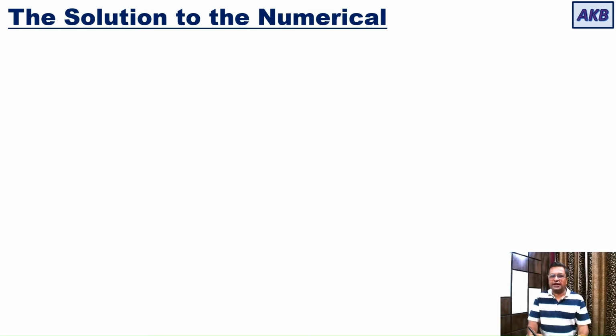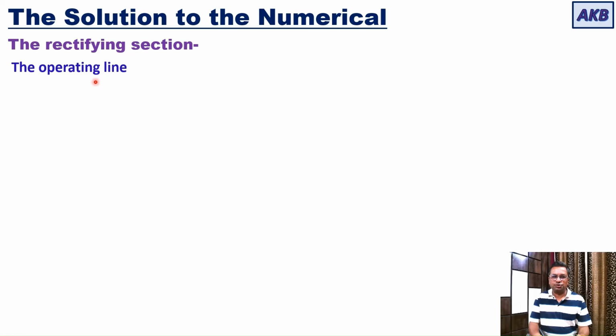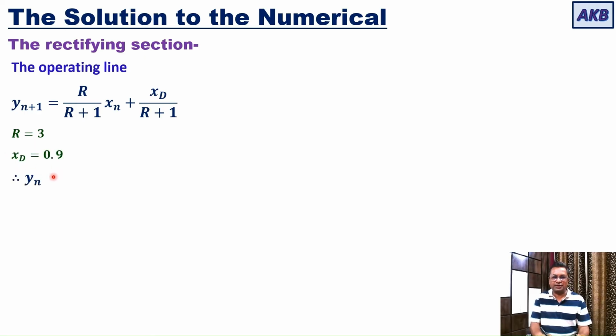Okay, so after getting D and W, now let us do the calculations for the rectifying section. For that, we are going to use the operating line. The equation for the operating line is y(n+1) is equal to R upon R plus 1 into xn plus xD upon R plus 1. R is given to us, it is 3. xD is also given to us, it is 0.9.